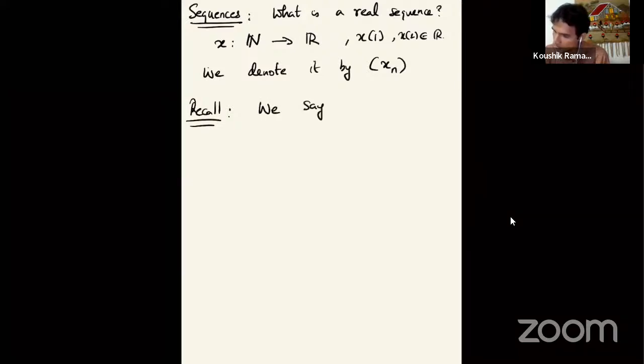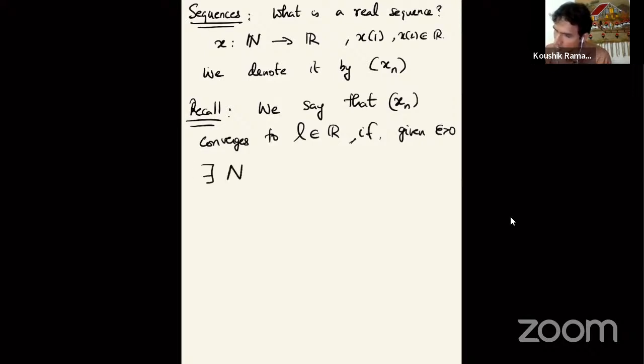So recall the basic definition of convergence of a sequence. We say that the sequence x_n converges to a number L if, given an epsilon positive, and you should think of this epsilon as an error, there exists a natural number N, which usually depends on epsilon, N of epsilon, such that the modulus of x_n minus L is less than epsilon for n bigger than or equal to capital N. Here I assume everyone is familiar with the properties of modulus, like the triangle inequality, which is the most important one.